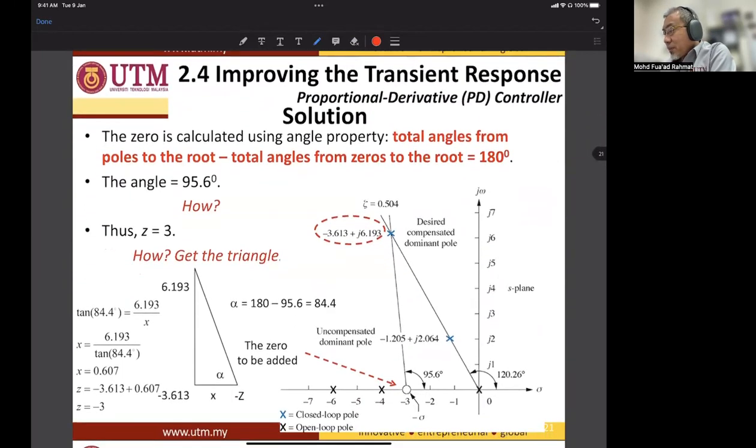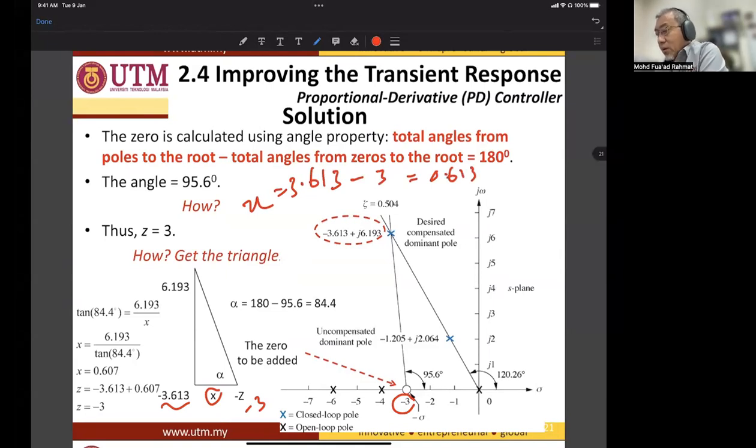The real part of the dominant pole is minus 3.613, and automatically the x here is what? The x there is 3.613 minus 3, which is 0.613, the length.